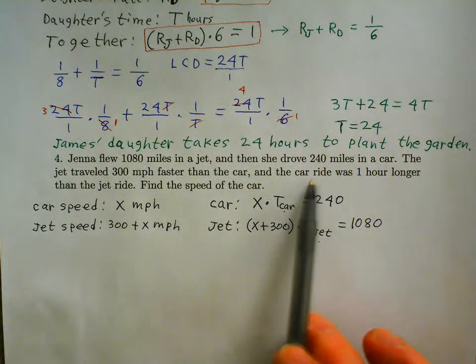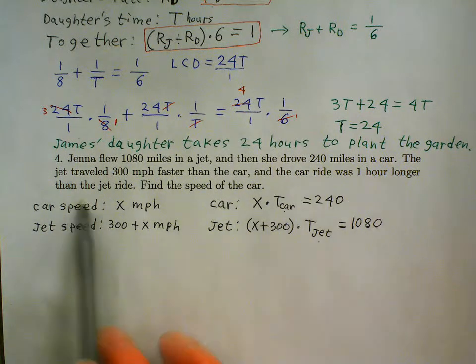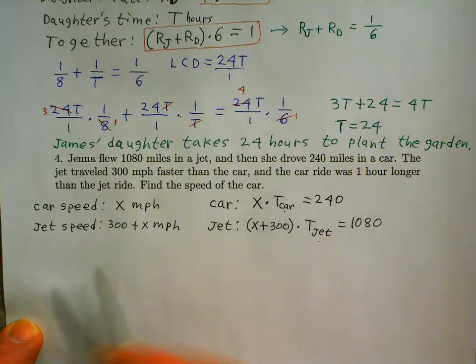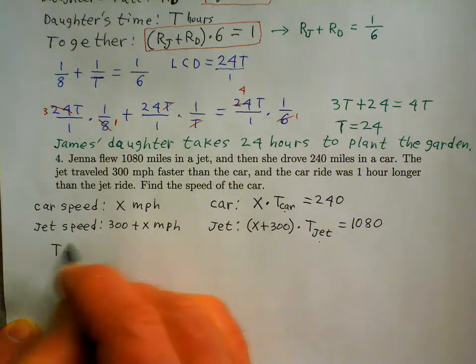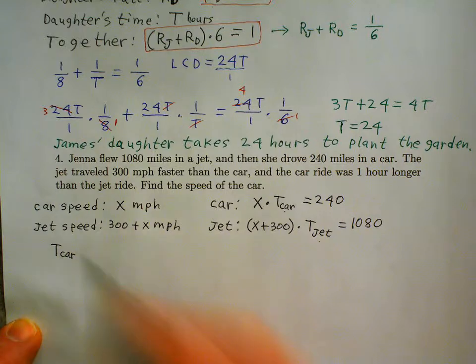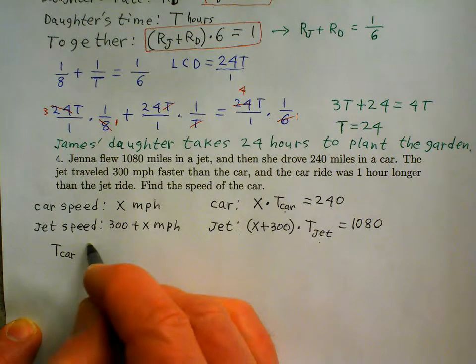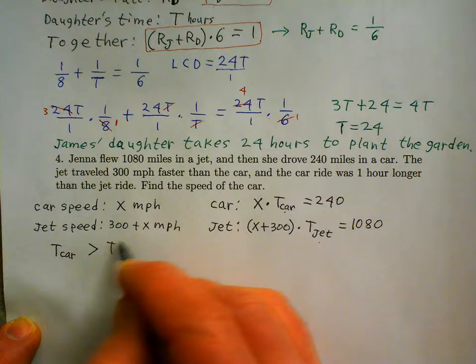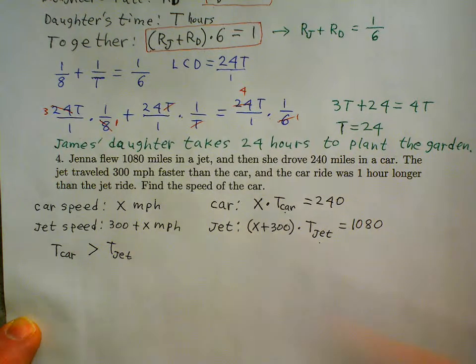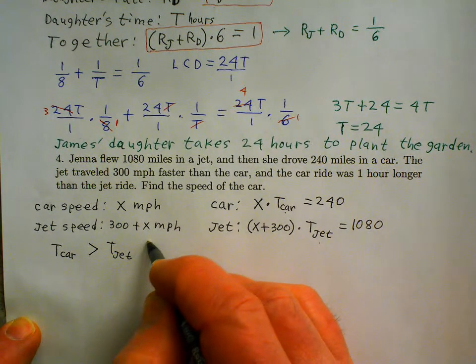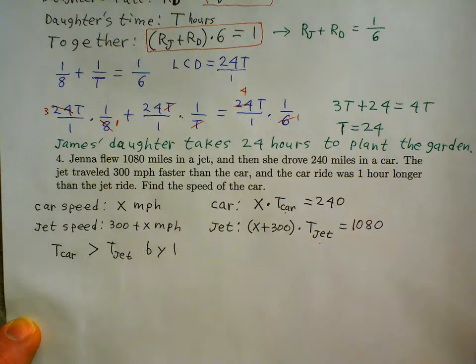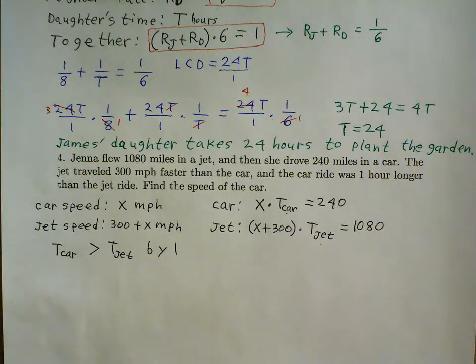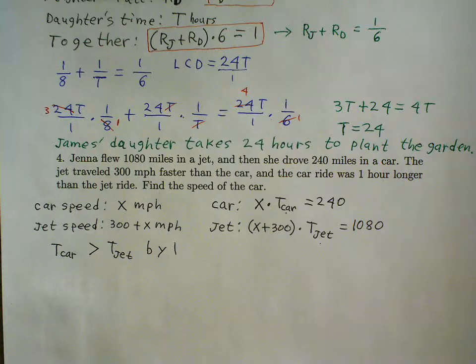Okay, we're given that the car ride was 1 hour longer than the jet ride. So the amount of time it took the car to travel 240 miles is greater than the amount of time it took the jet to fly 1,080 miles, and it's greater by 1. Okay, so we want to know what the value of x is. That means we need an equation whose only variable is x.